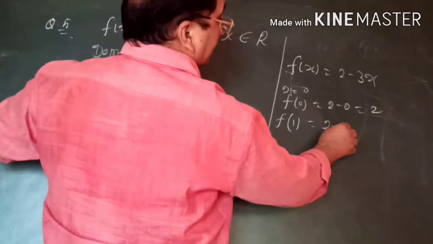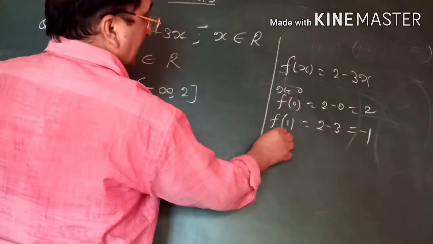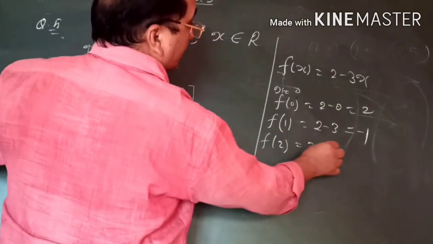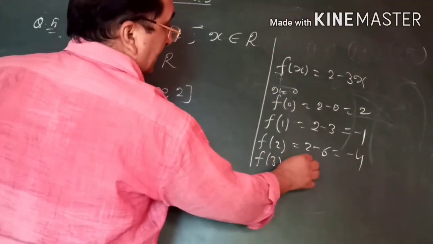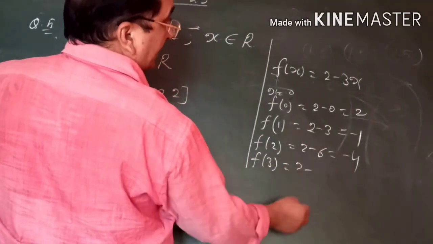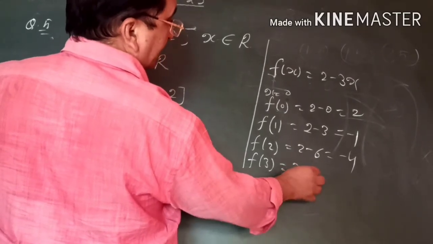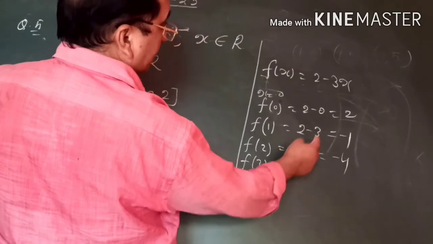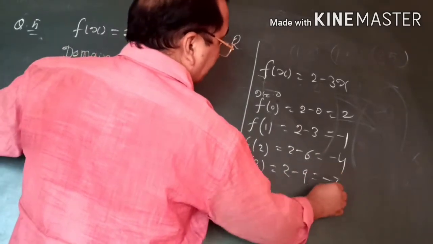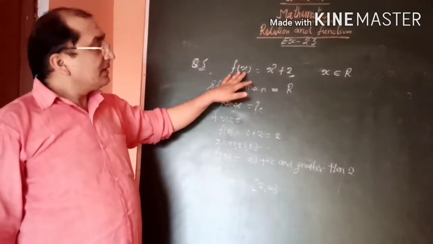So 2 minus 3 times 1, that is 3, means minus 1 will come. f of 2 means 2 minus 3 times 2, which is 6, means minus 4 will come. f of 3 is 2 minus 3 times 3, which is 9, minus 7 will come. Question number 5 done. Next question.